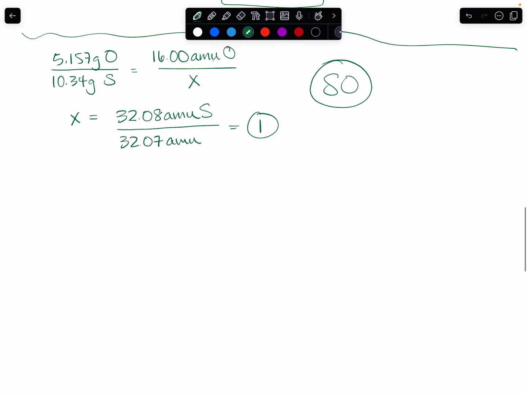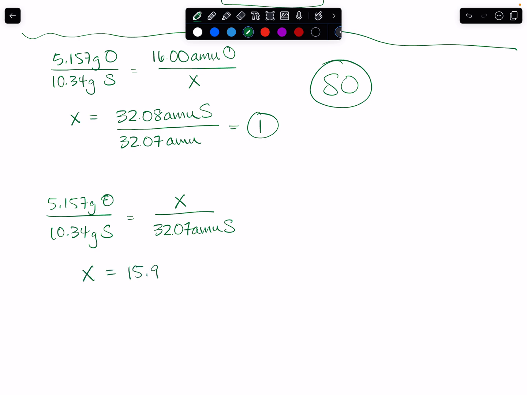If I did it the other way, 5.157 grams of oxygen divided by 10.34 grams of sulfur, and I set the oxygen to an unknown and put in 32.07 AMUs for that one atom of sulfur, I'm going to find that the mass of oxygen present is 15.99 AMUs.